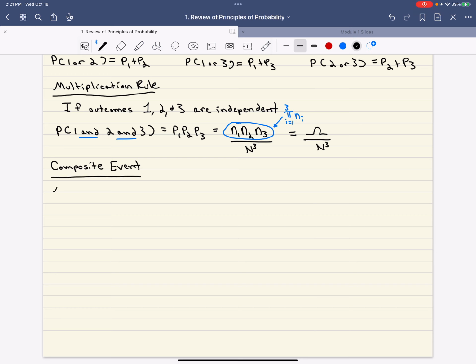Okay? And so a composite event will be a multi-step process that can be a mixture of mutually exclusive events.